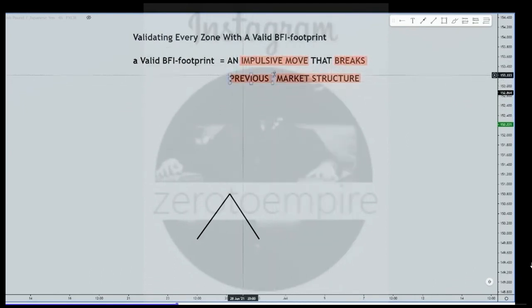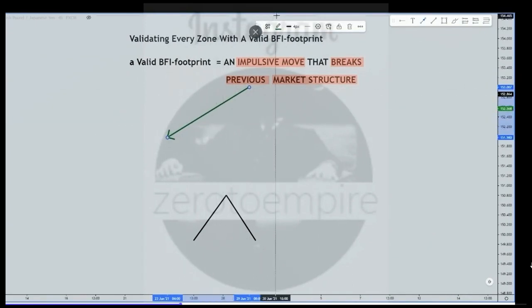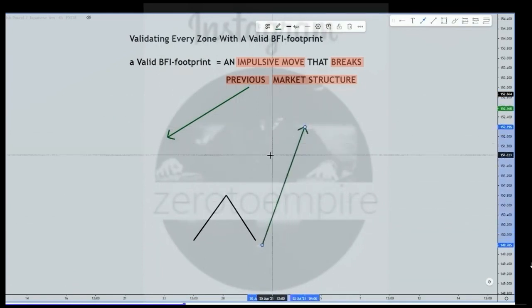Let's look at the next word, which is previous. Now, previous to what? This is an impulsive move, A to B, and it broke previous market structure.